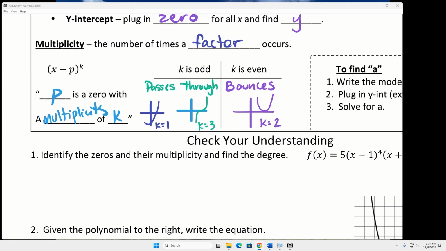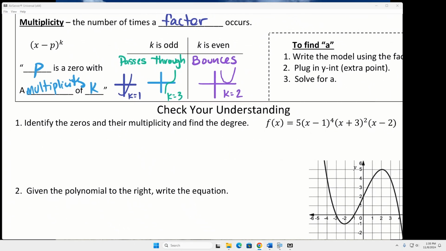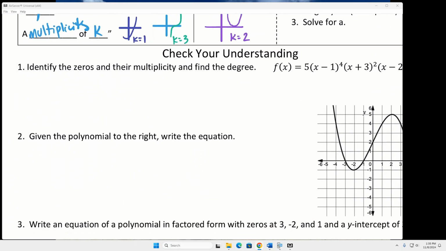Alright, so on this first example, we have f of x, and we're going to find the zeros. And we are going to tell their multiplicity. So this 5 out here in the front, is it going to give you a 0? No, you have to have an x in the factor to get a 0, but this does, x minus 1.